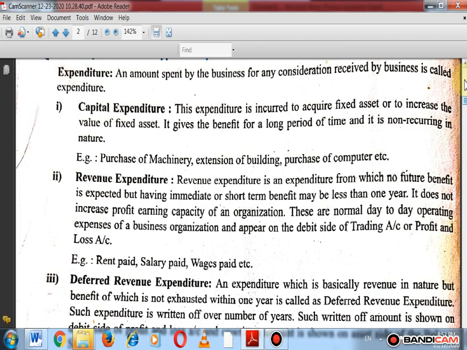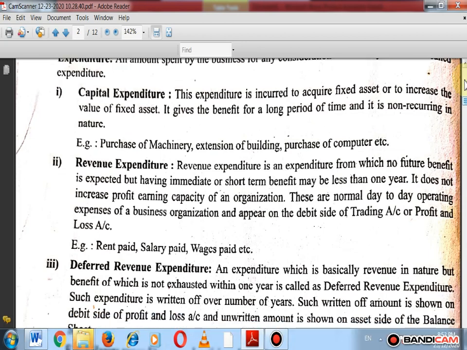Extension of building: once we build a building, we do not build a building yearly. The life of a building is 10 years, 15 years, so it gives a long-term benefit to the concern. So extension of a building or building a building is a capital expenditure of the organization.